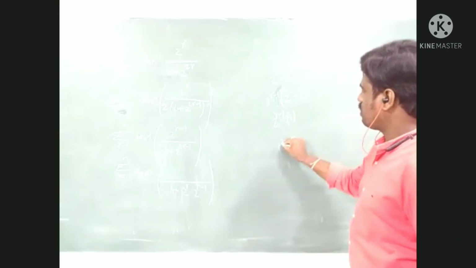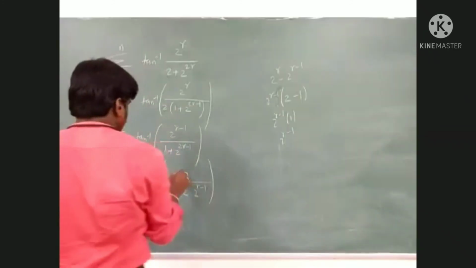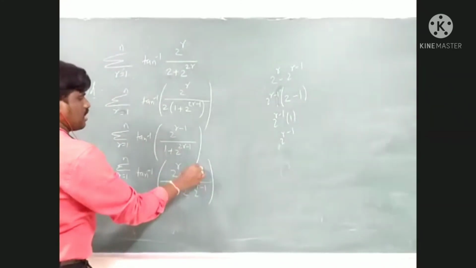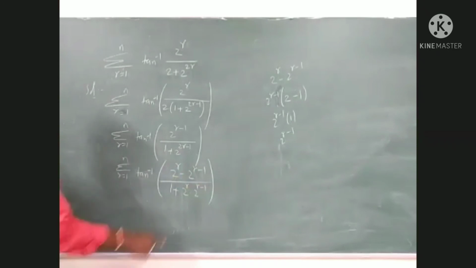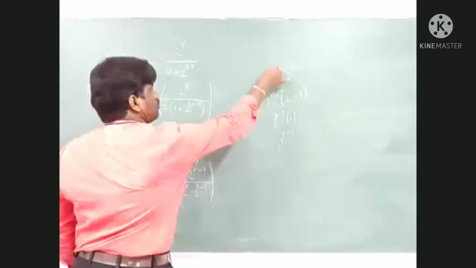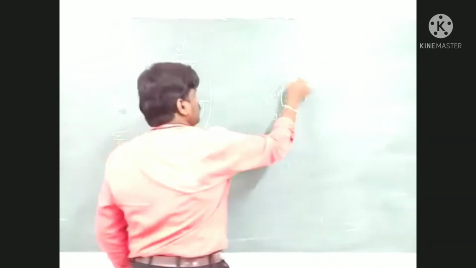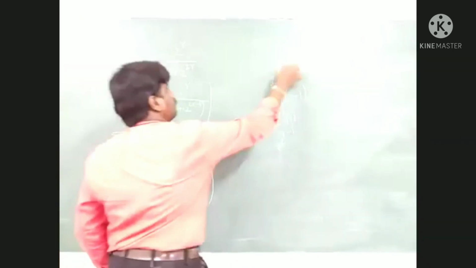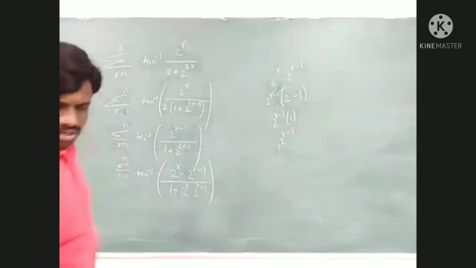So this 2 power r minus 1 is the numerator now. I take 2 power r minus 1 common: here the power is 2, and one power is left here. That's it. So we can write like this.